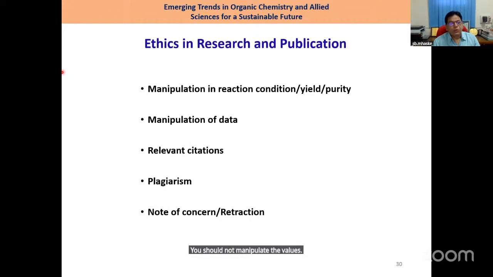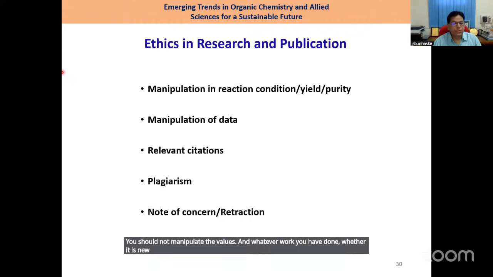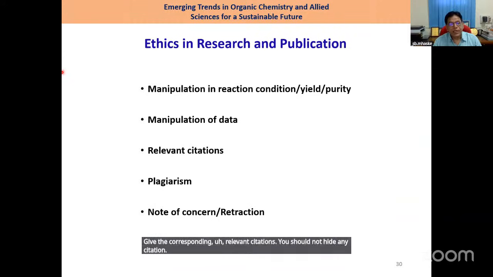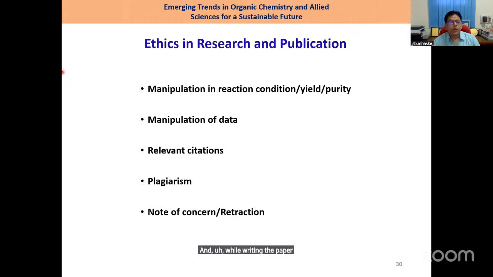And whatever work you have done, whether it is new or partially known, give the relevant citations. You should not hide any citation. And while writing a paper or patent, or even a presentation, you should not use words or sentences as such from the reported literature.